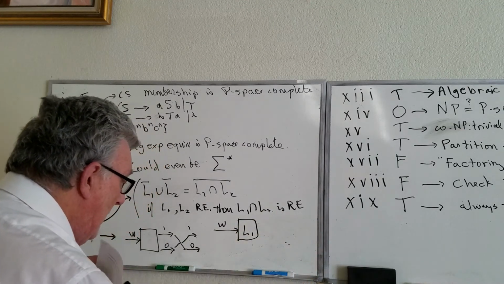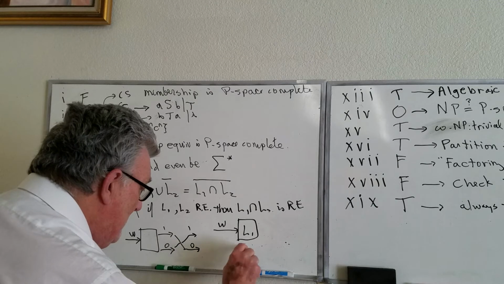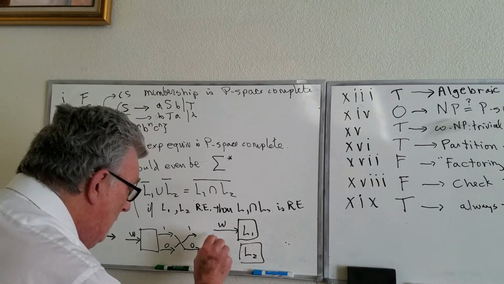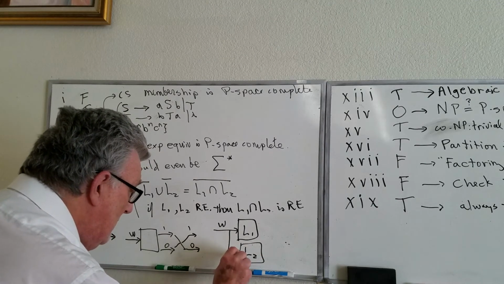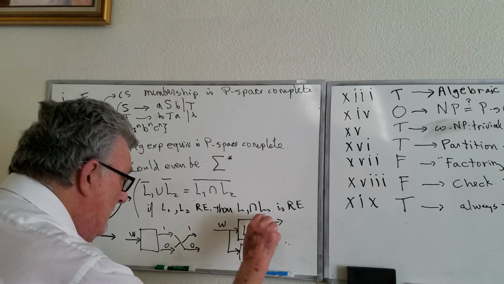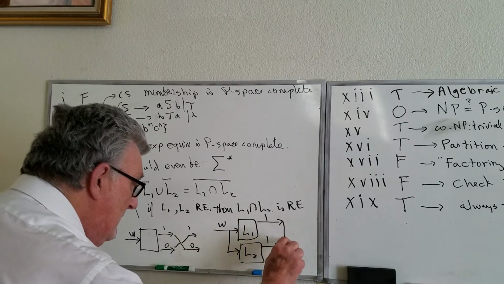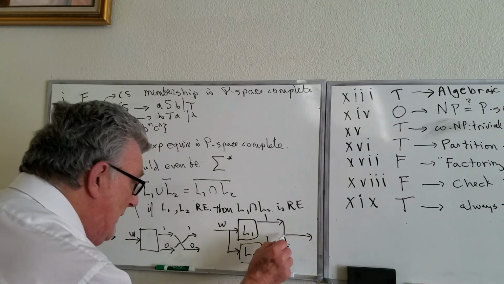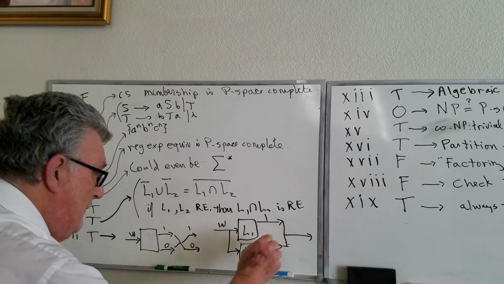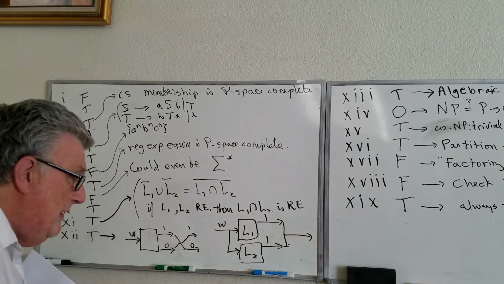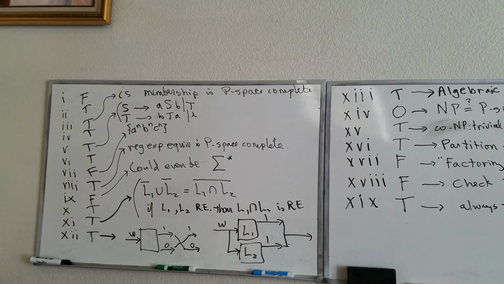Let's put it this way. We have the machine that accepts L2. We put the same string into both of them, and we combine these to get the answer. So this would be an AND gate here. So if both of them come out in there, then it's in there. So that means the intersection of two RE languages is RE.